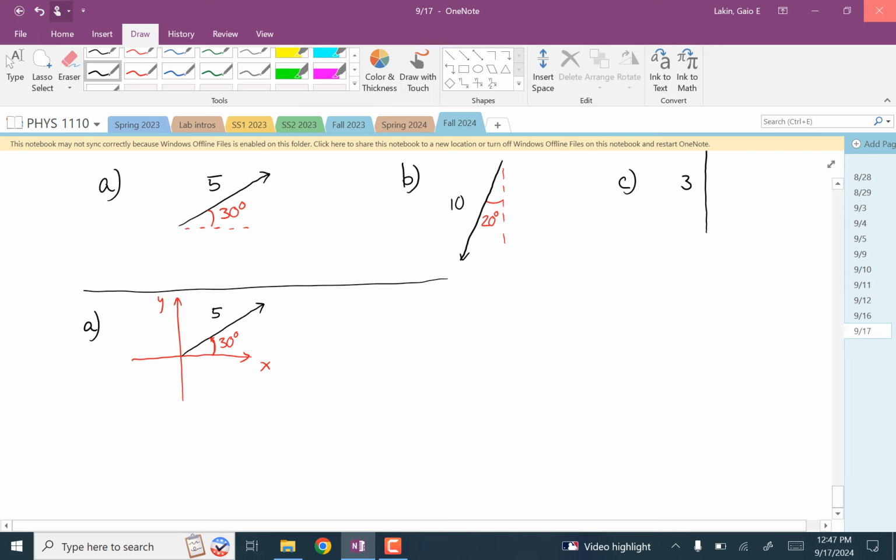And so the components are 5 times the cosine of 30, 5 times the sine of 30. And if you plug that into your calculator, you get 4.33 and 2.50.